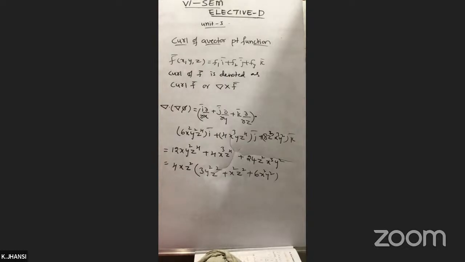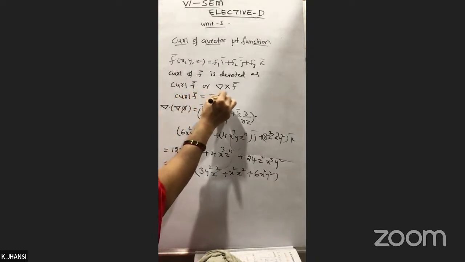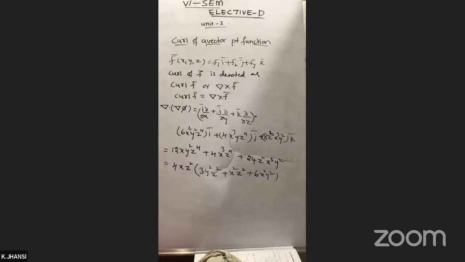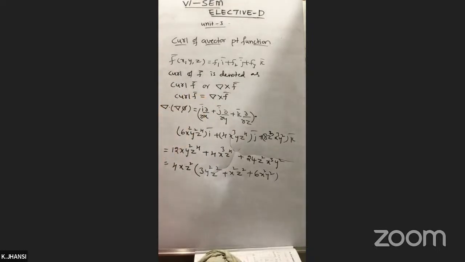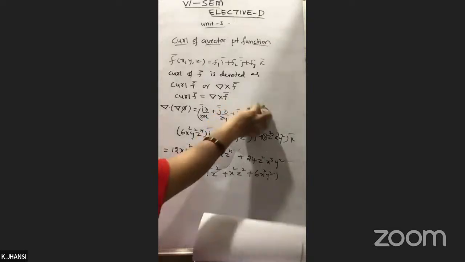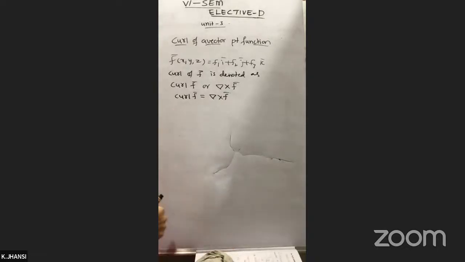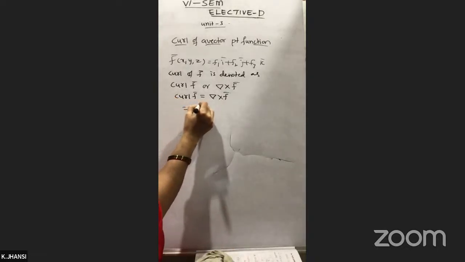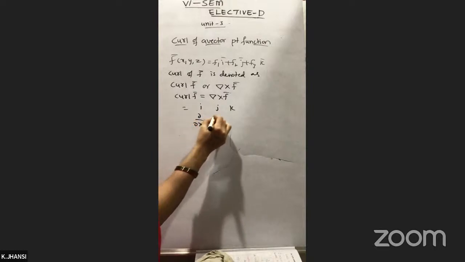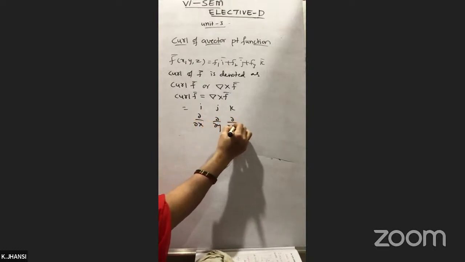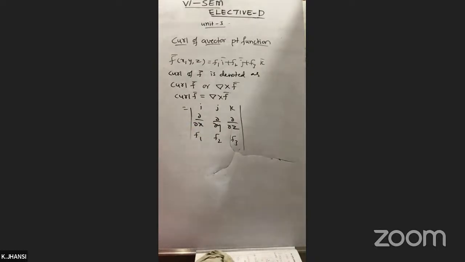Curl f is equal to del cross f. The value of this is del cross f equals the determinant with rows i, j, k; ∂/∂x, ∂/∂y, ∂/∂z; f1, f2, f3.